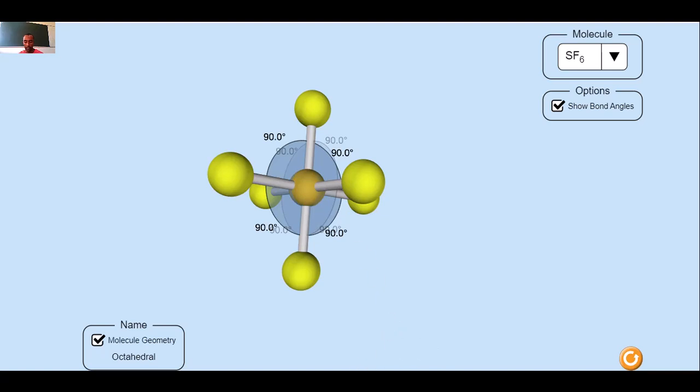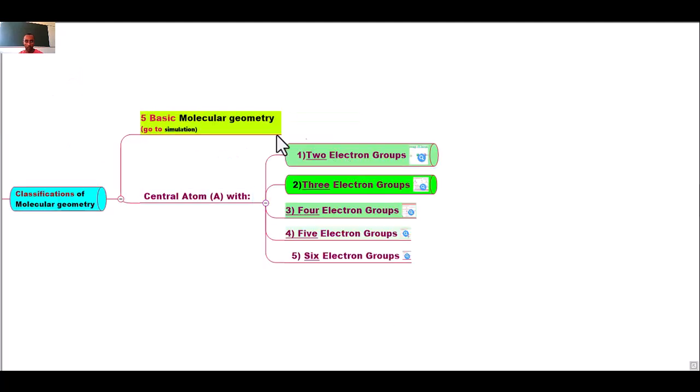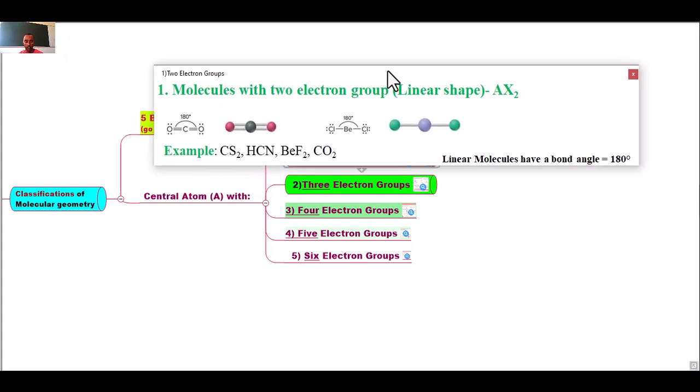Another question: what about when the central atom has lone pairs? We have examples here. This is the first case, when the central atom is surrounded by 2 atoms and there is no lone pair at the central atom, this is linear. You can consider these examples.